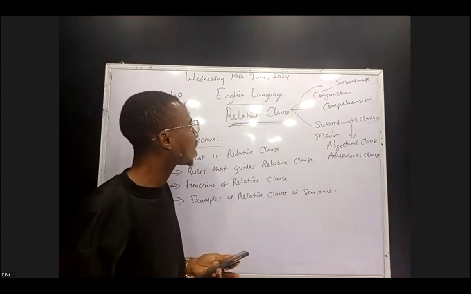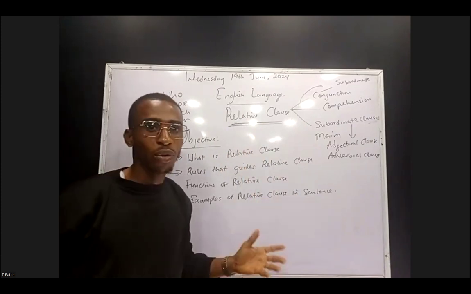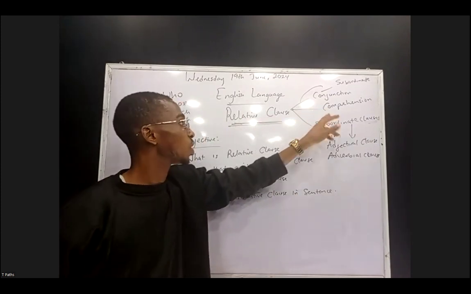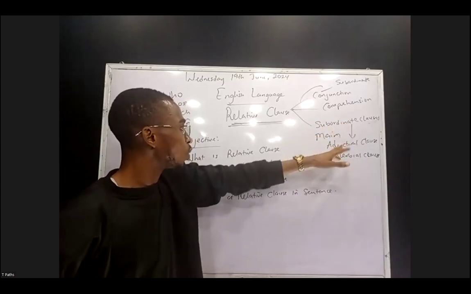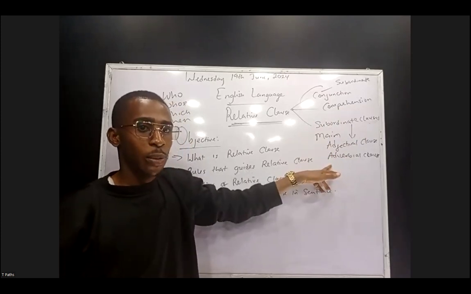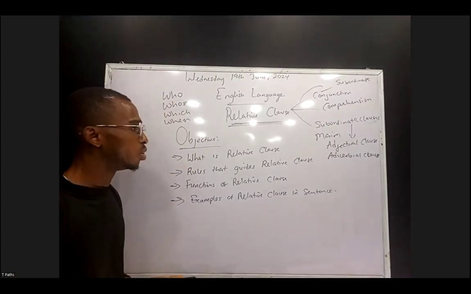So because of that, we are looking at the issues of relative clause in other aspects of English language, from the point of conjunction to comprehension to the subordinate clause, and at the same time the functionality of adjectival clause and adverbial clause. Are we together?